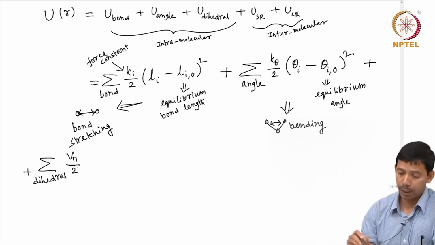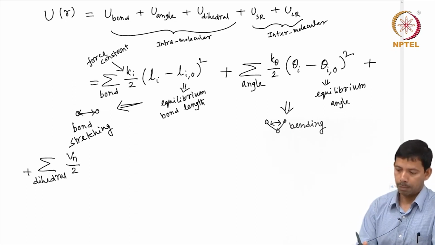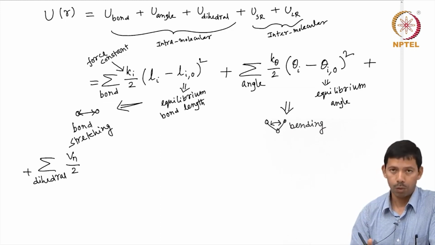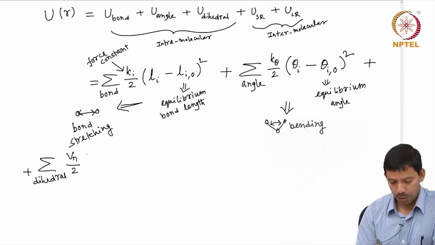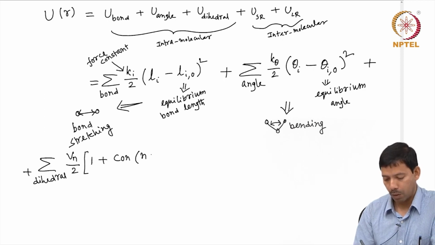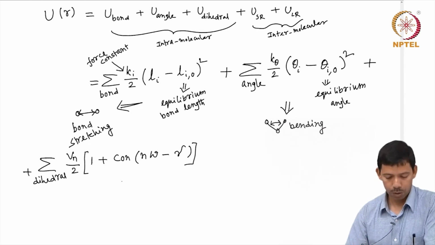Of course, for angle also you have more sophisticated potentials, but the potential based on Hooke's law also holds good for most of the systems. So for dihedral, the expression we can use is Vn by 2 times 1 plus cos of n omega minus gamma. I'll explain each of these terms very soon. So this is dihedral.